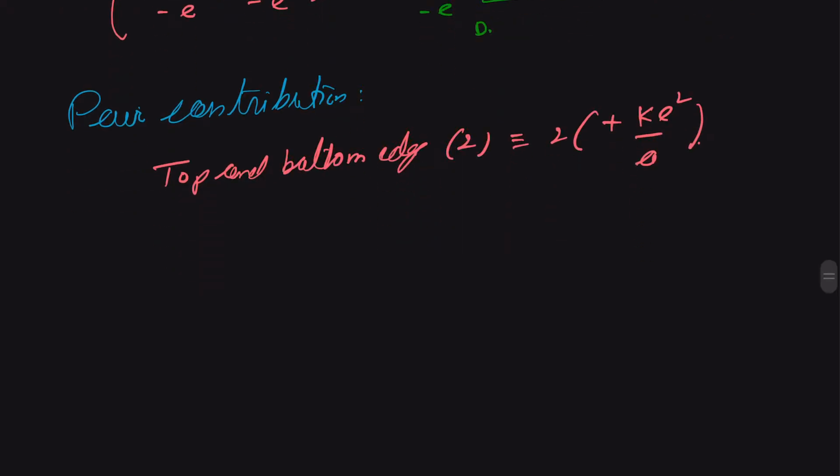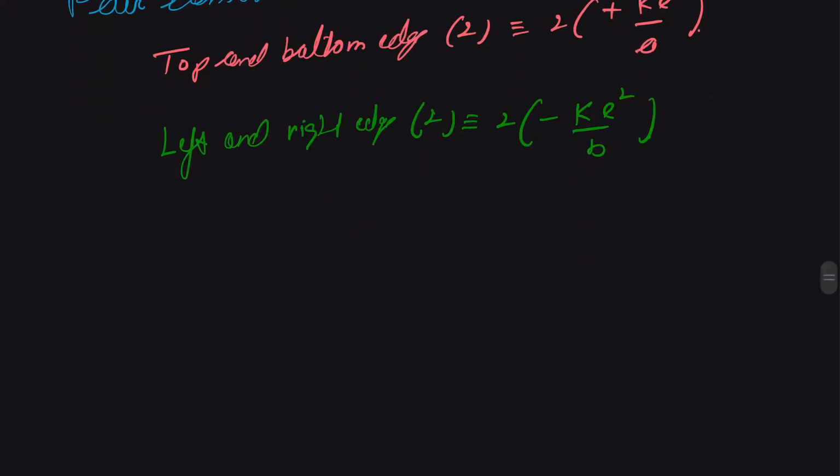And then we come to our left and right edges. And there are two, and the distance between them is b, so this comes as twice minus k e square upon b.